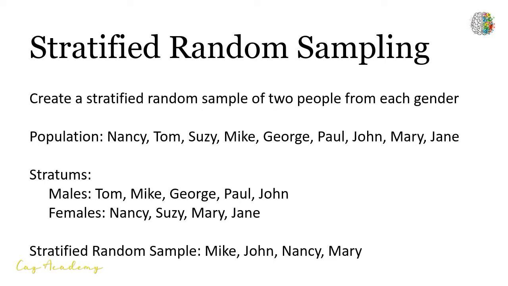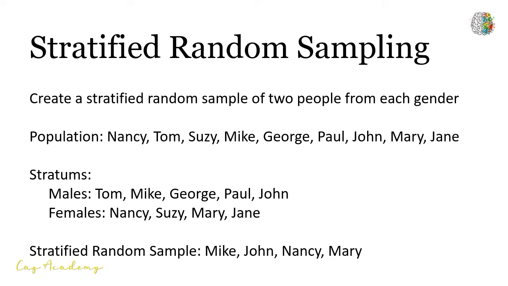Then I'm going to take the 4 girls' names, put those in a hat, and randomly draw 2 names out of the hat for the girls. That's going to give me a stratified random sample that might look like Mike, John, Nancy, and Mary.